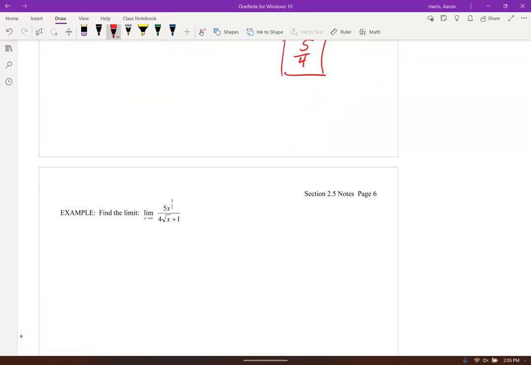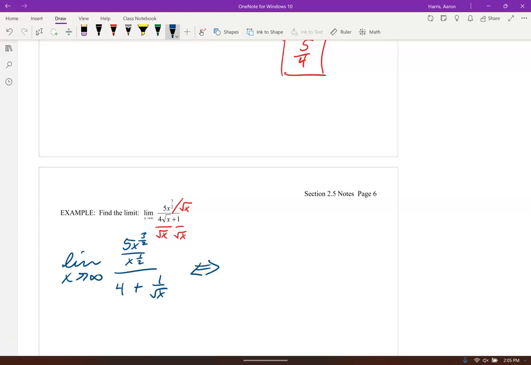So here we're going to divide everybody by the square root of x, and the top by the square root of x, in other words, x to the 1/2. So we got the limit as x goes to infinity of 5x to the 3/2 over x to the 1/2. And I'm going to simplify the bottom here. So 5, I got 3/2 minus 1/2, I got 2/2, x to the 1 over 4, plus 1 over root x.